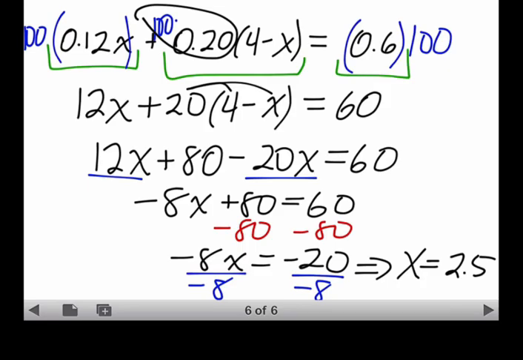A lot of times when people are dividing in this step here by negative 8, they'll forget to write the fraction bar.